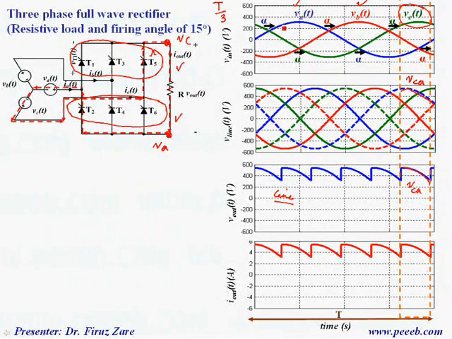If you look at phase A, for example, phase A conducts for 2 over 3, same as phase B, same as phase C. So we have positive voltage generated by this group of thyristors, and then we apply a gate signal to either this thyristor T4 or T6.